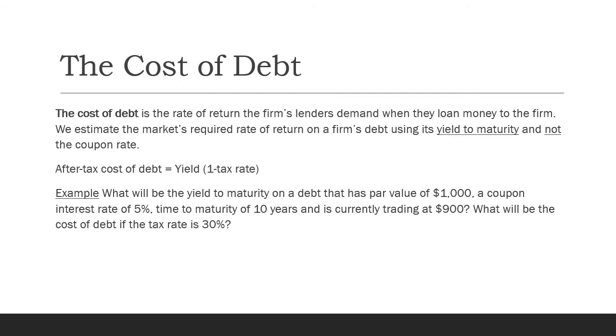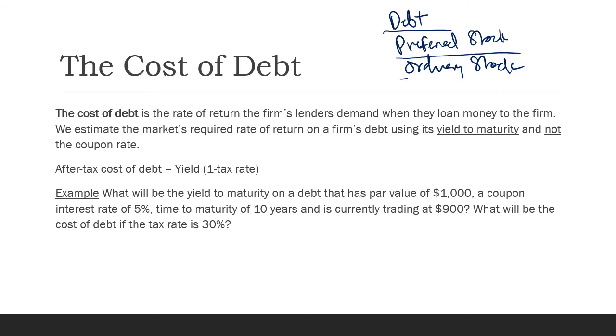If you look at the components of capital, say debt, preferred stock, and ordinary stock, the cost of each of these components was already discussed in the previous chapter on debt valuation. So the cost of the debt is simply the YTM of the bond.